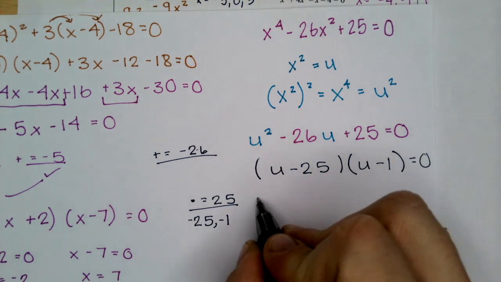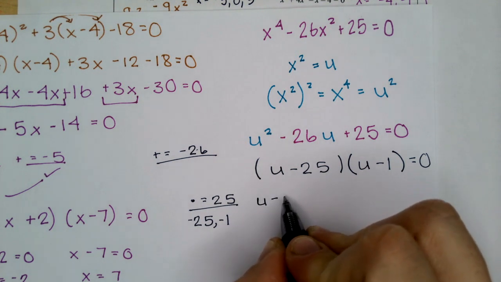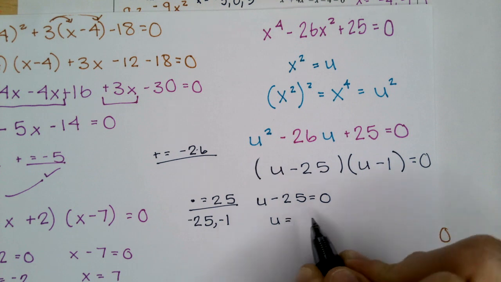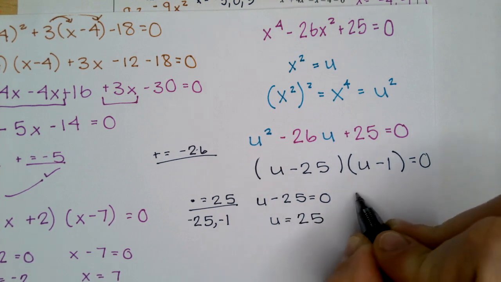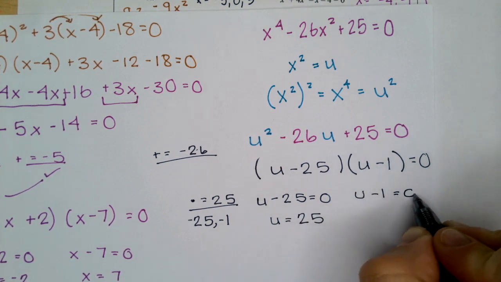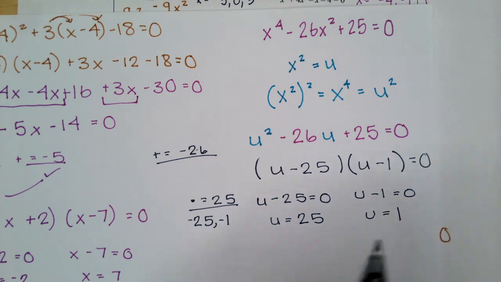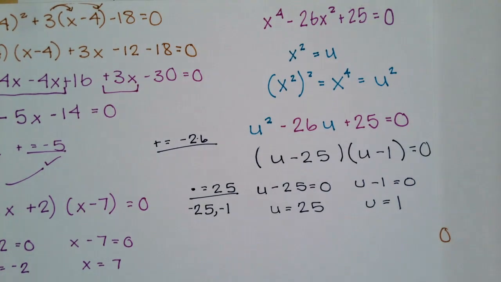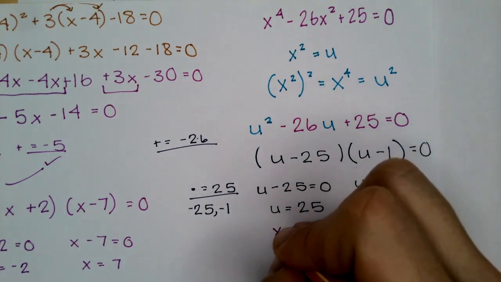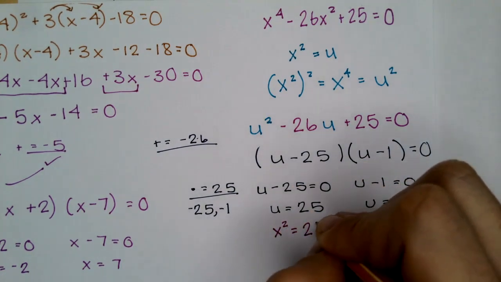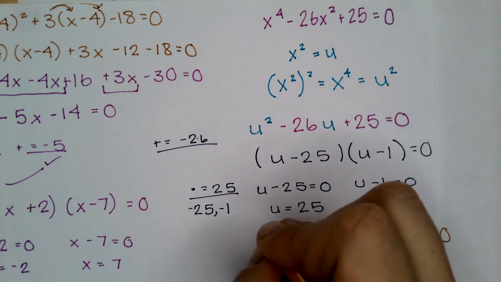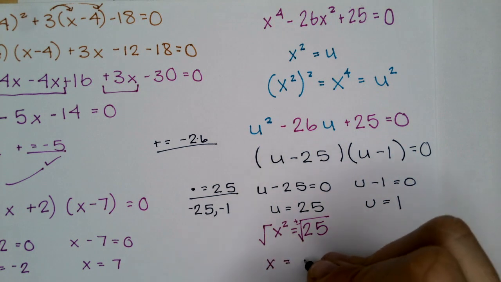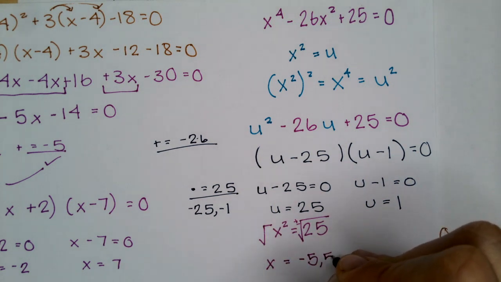Okay? Now, u minus 25 is 0. So u is 25. U minus 1 is 0. U is 1. You're not done yet. This isn't the answer because u is x squared and we're solving for x. X squared is 25. X is negative 5 and 5.